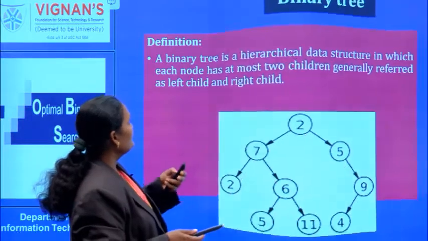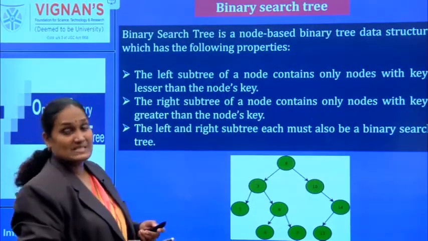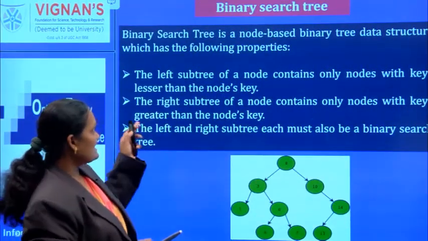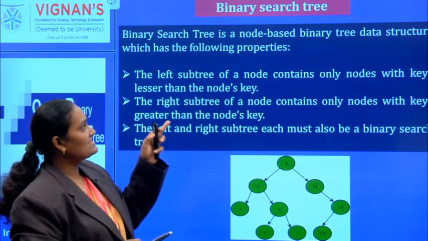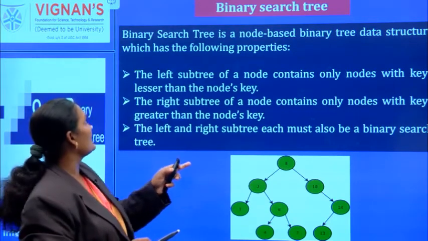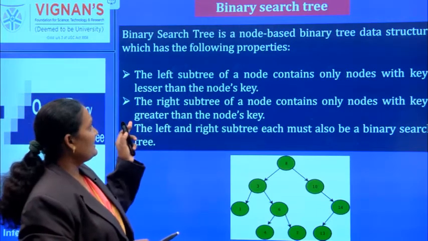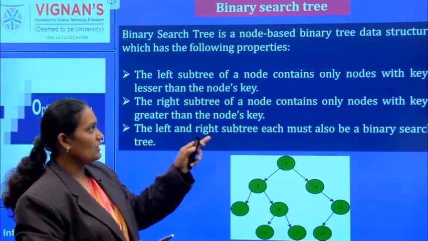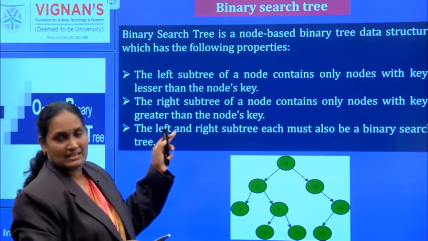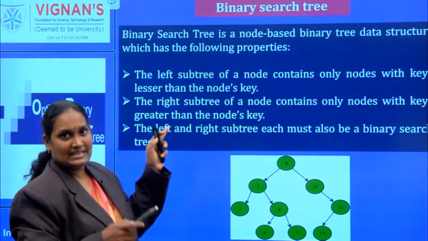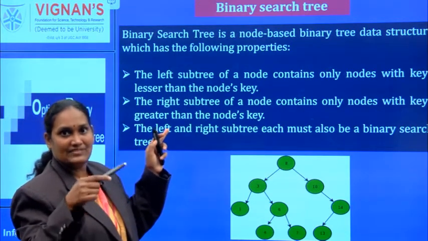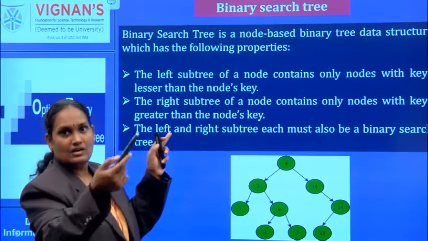Next, let us see the binary search tree. What is a binary search tree? A binary search tree is a node-based binary tree data structure which has the following properties. The left subtree of a node contains only nodes with keys lesser than the node's key; that is, the values present in the left subtree are less than the root node.